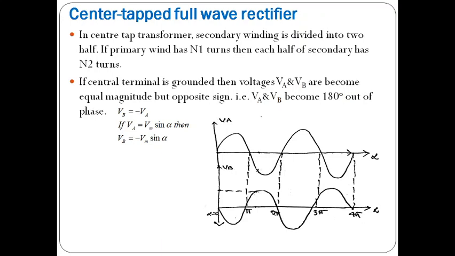If the central terminal of the secondary winding is grounded, it is divided into two parts, with the center point of the secondary winding connected to the ground.